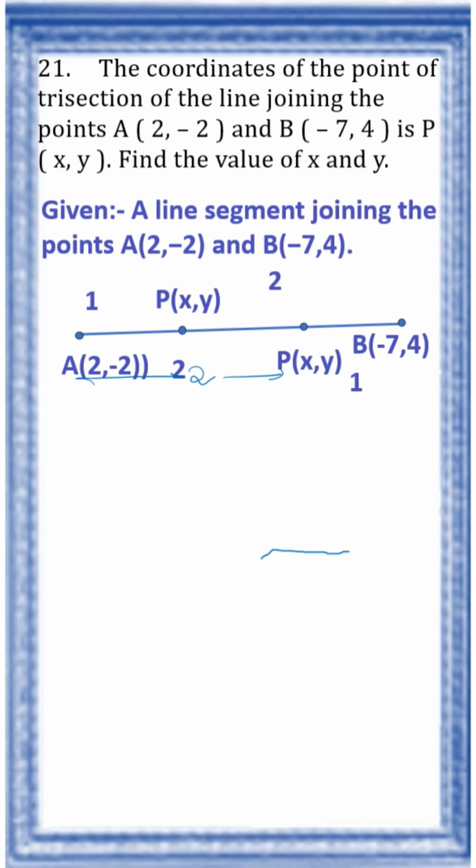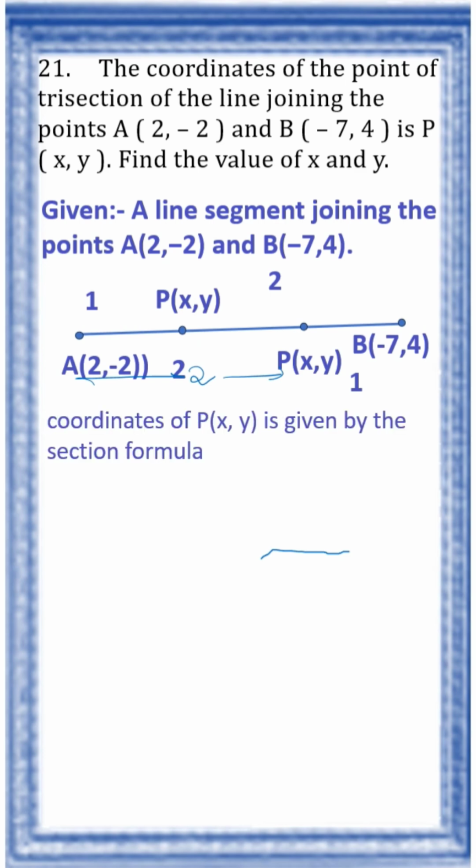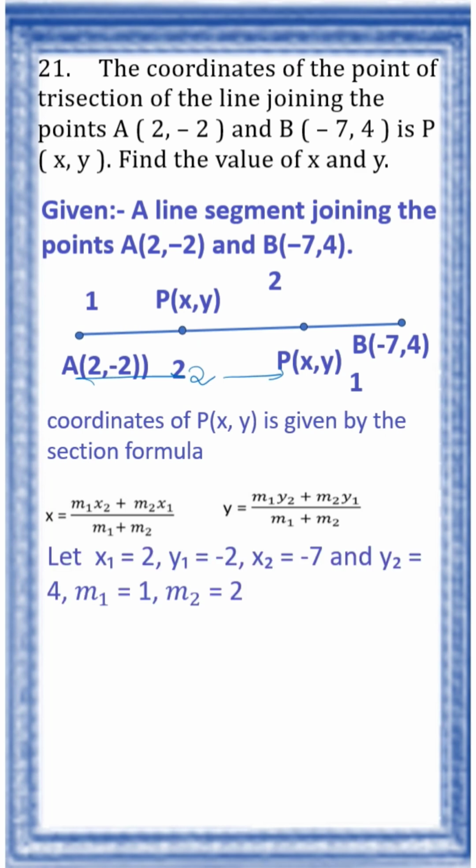Now let us find the points by coordinates using the trisection formula. What is the trisection formula? Do you know it? It is important to write the formula each and every time. x is equal to (m1 x2 plus m2 x1) upon (m1 plus m2), and y is equal to (m1 y2 plus m2 y1) upon (m1 plus m2).